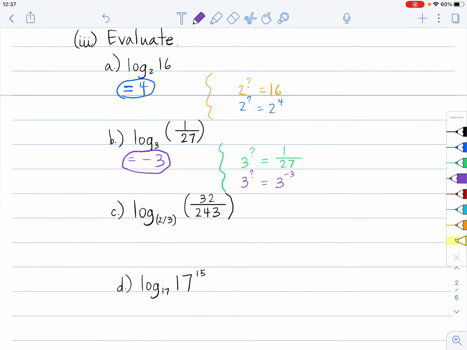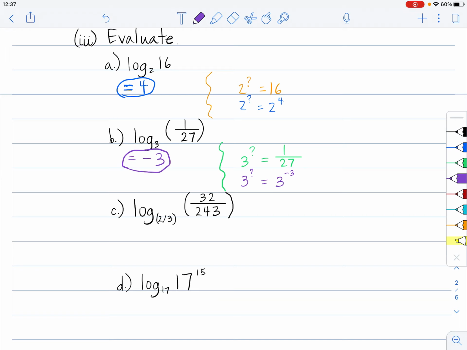Okay. Log base 2/3 of 32 over 243. So 2/3 to what power is going to give me 32 over 243?